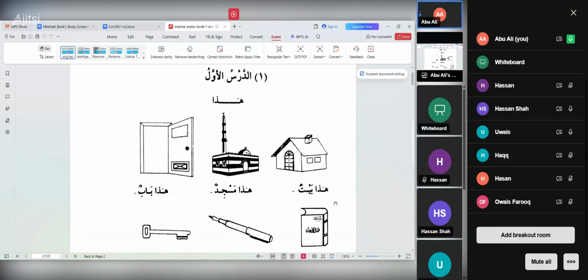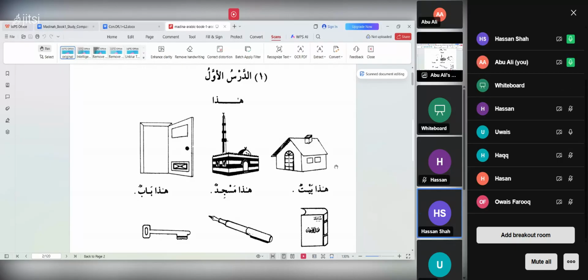Is baytun مبتدأ or خبر? خبر. Okay. Does it end with a tanween or not? It ends with a tanween. What is the tanween indicative of? It indicates that something is indefinite. Okay. Is it masculine or feminine? Masculine. أحسنت. And why?